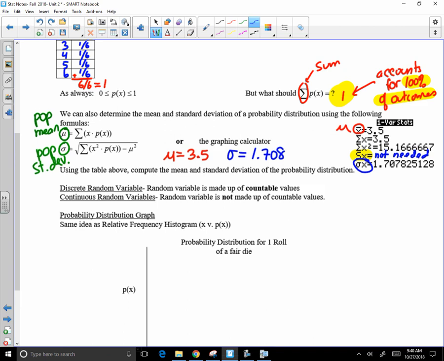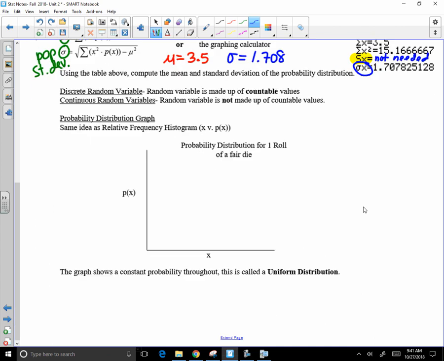Now what we have here is a probability distribution where all the probabilities are equal to one another. That's known as a uniform distribution. And the reason why is when I graph these outcomes in the form of a histogram, I'd have 1, 2, 3, 4, 5, and 6 as my set of outcomes.